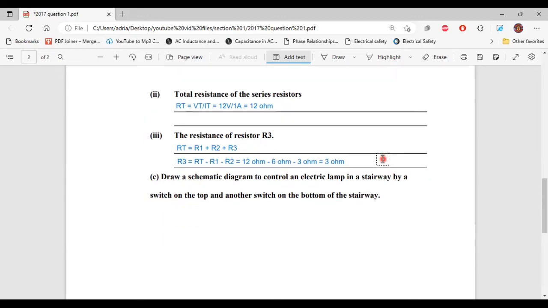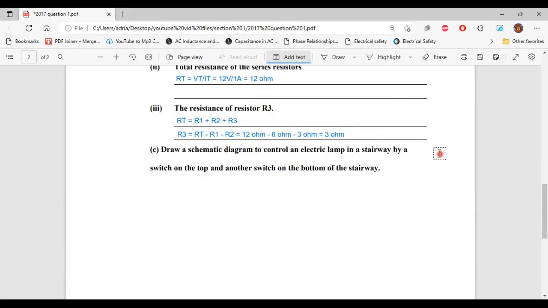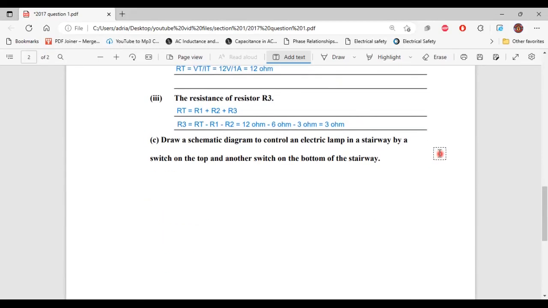All right, so let's now move on to part C. It says, draw a schematic diagram to control an electric lamp in a stairway by a switch on top and another switch on the bottom of the stairway. All right. So the first thing that we're going to do is to lay out the switches and the lamp.